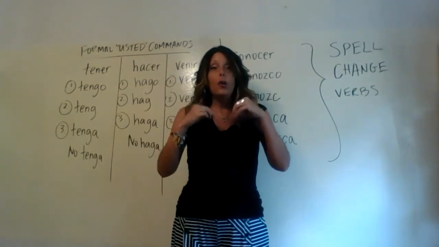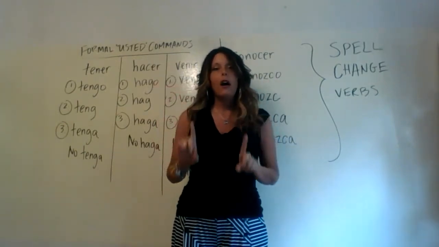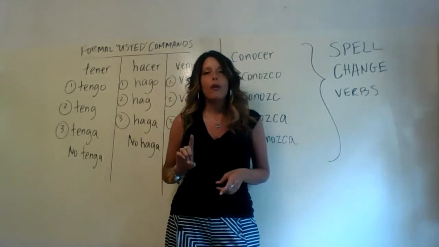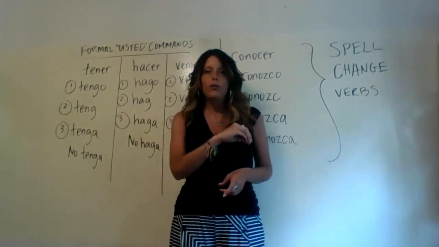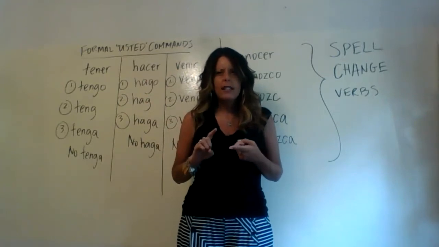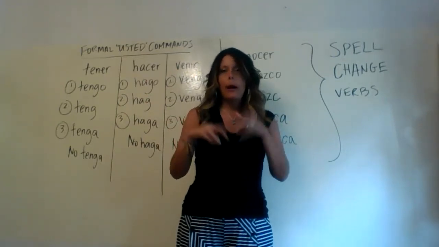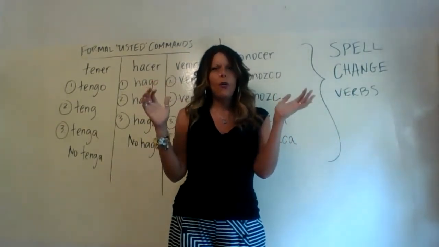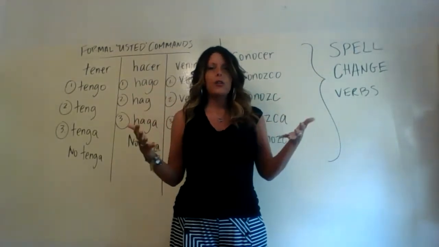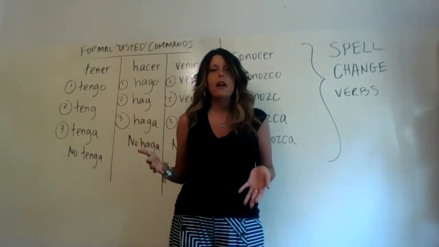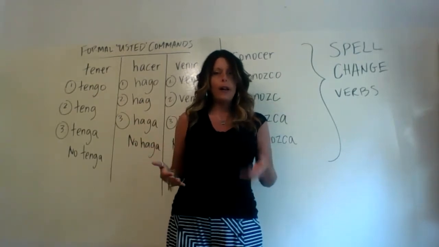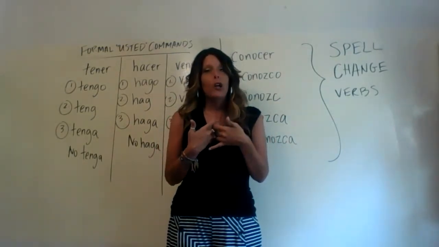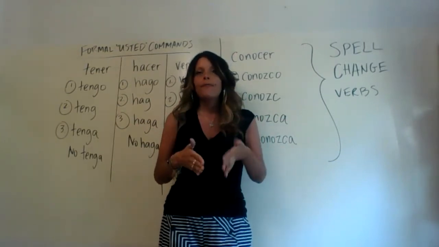If you want to go to step one of creating a formal usted command, and you get to the yo conjugation of the present tense, and you realize that you have some crazy G or Z that popped up unexpectedly, like you look at the verb in the infinitive form and there's no G or no Z, but then all of a sudden in the yo conjugation of the present tense there's a G or a Z that popped up out of nowhere, then you know that you have a spell change verb on your hands, and that will work every single time.